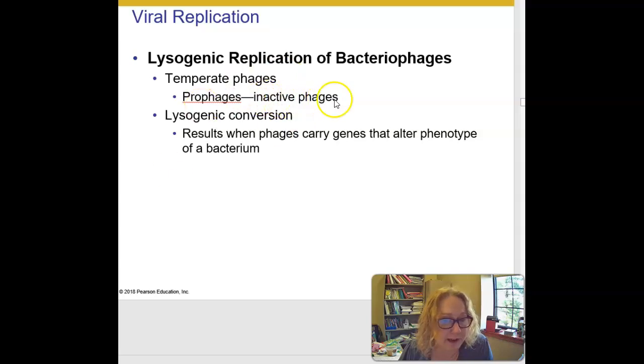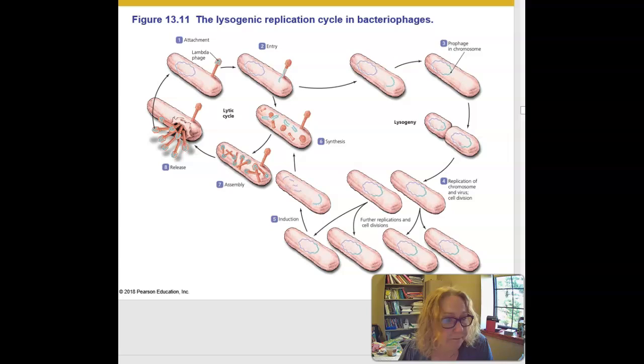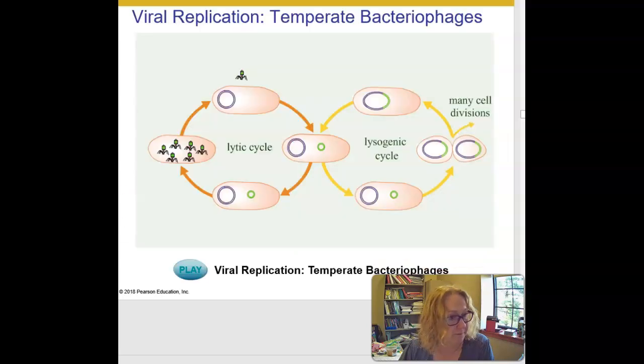Again, prophages have inactive phage stages, and this results when phages carry genes that alter the phenotype of the bacteria. That is just this part where it goes in and actually changes the DNA inside the host cell to do something else, to grow a tumor. Typically, this is what you have when you have a viral infection that causes you to grow some kind of tumor or changes your actual cellular structure.